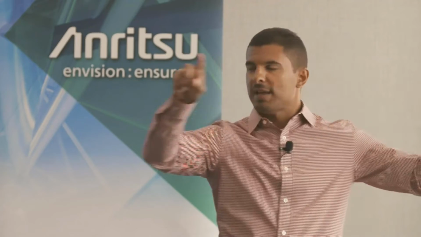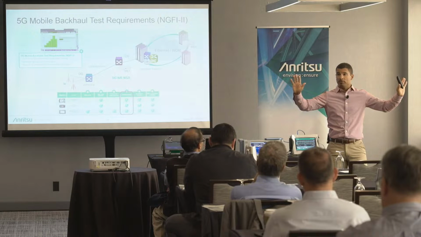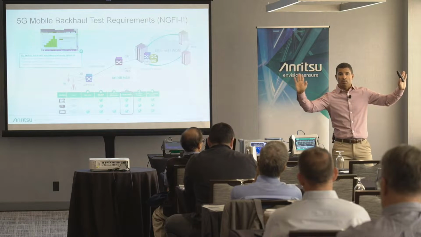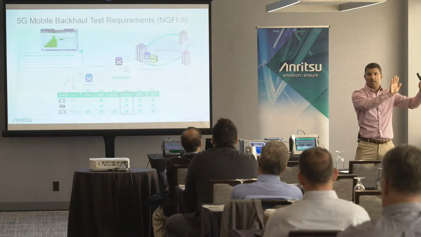If that application is housed in either a colo or a data center that's far from the edge, it has to traverse that entire mobile backhaul in order to get there. That's taking up bandwidth. The idea of mobile edge computing is to take those resources from the data center and move them as close to the edge as possible.